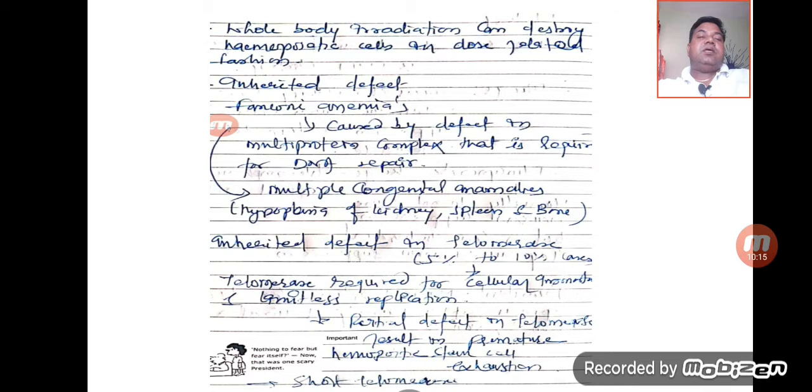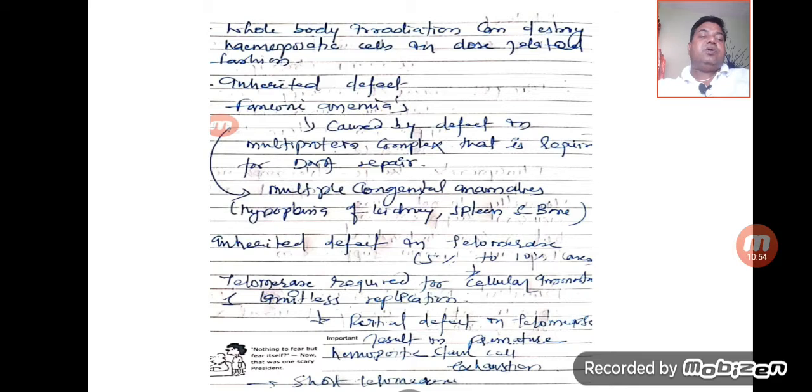Apart from this, inherited defects are seen in Fanconi's anemia, where there is a defect in the multi-protein complex that is required for the repair of damaged DNA. In this condition we will see congenital anomalies, and hypoplasia of the kidney, spleen and bone. Another is the inherited defect in telomerase. In around 5 to 10% of cases of aplastic anemia, we can see a defect in telomerase.